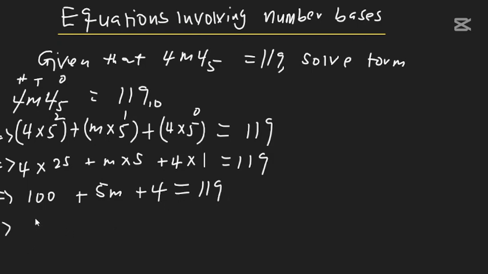This gives us 104 plus 5m is given as 119. Let's do regrouping. So we have 5m is given as 119 minus 104.